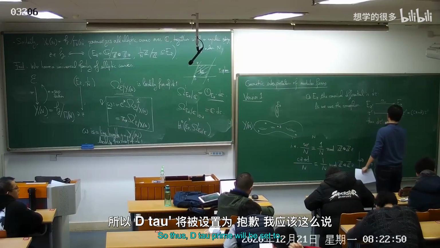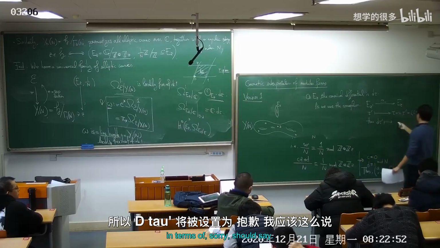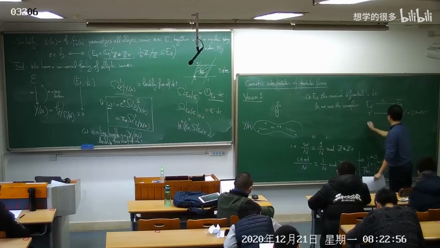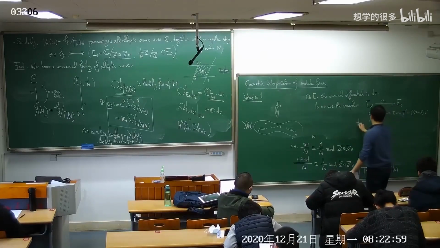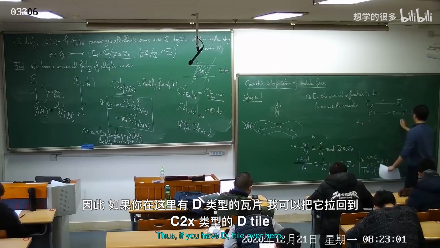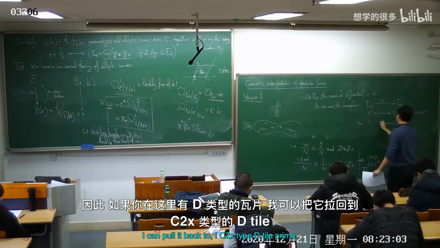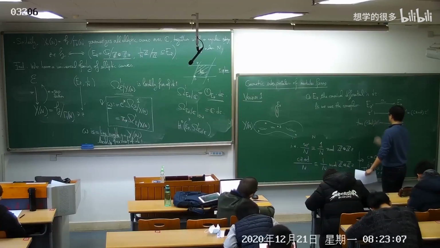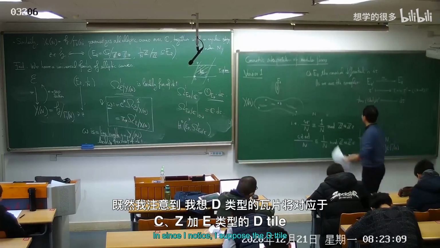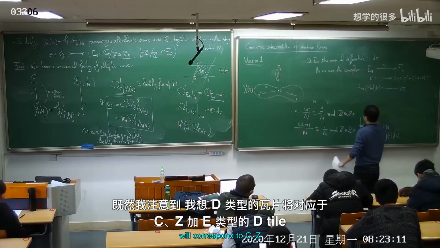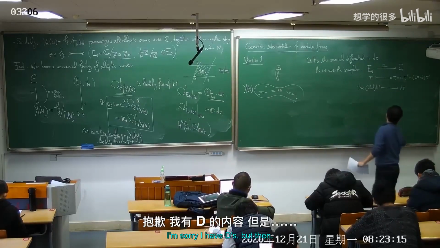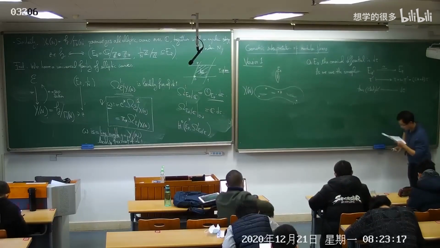So if you have d tau over here, I can pull it back to CZ plus D times d tau prime. Under this isomorphism, d tau would correspond to CZ plus D times d tau prime. Oh, sorry, I have d's, but anyway.